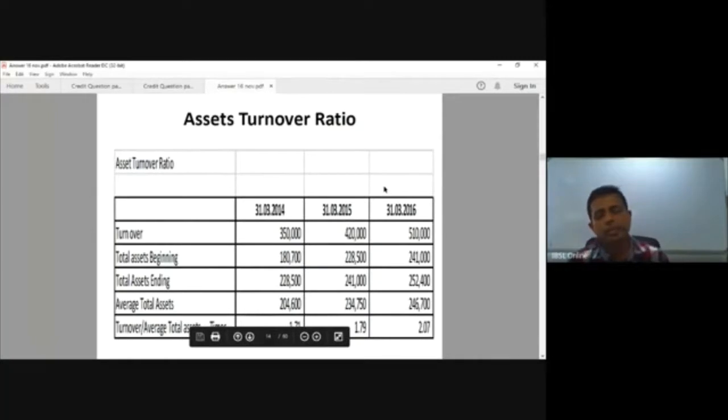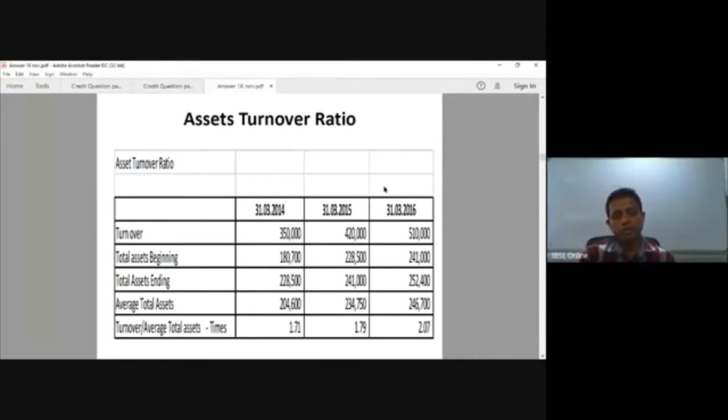Here the ratio is computed in terms of number of times. Higher the number of times, better it is. Turnover divided by total average assets. Meaning, using your turnover, number of times you can purchase your total assets.